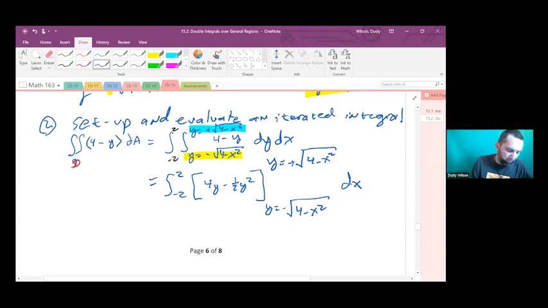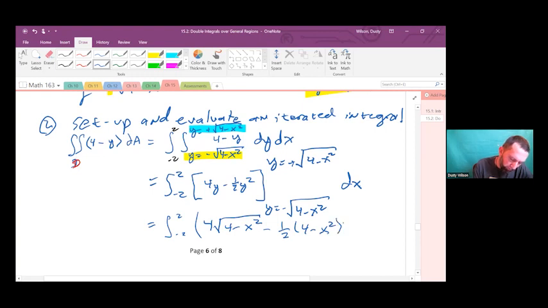So when we evaluate this, we will get the integral from negative 2 to 2 of 4 root 4 minus x squared minus 1/2 y squared. It'll kill the root, so I'll have 4 minus x squared.